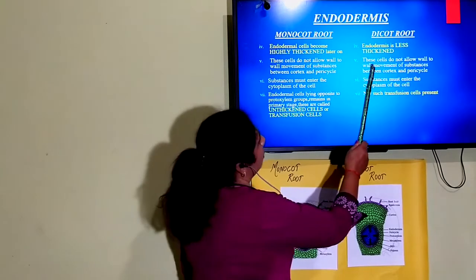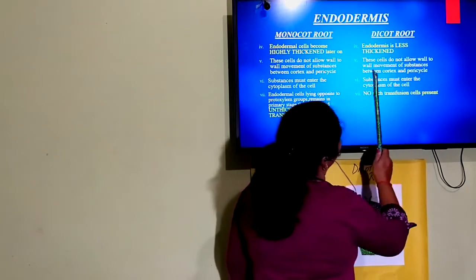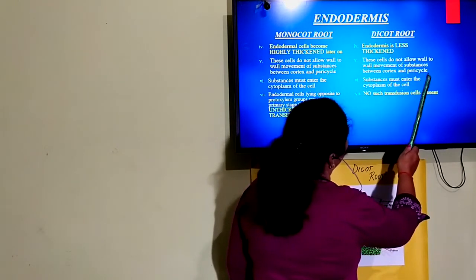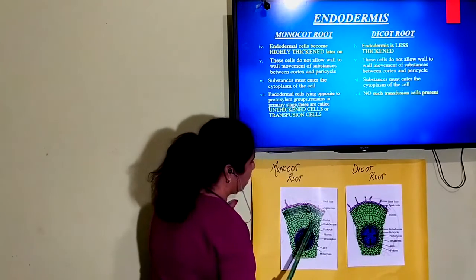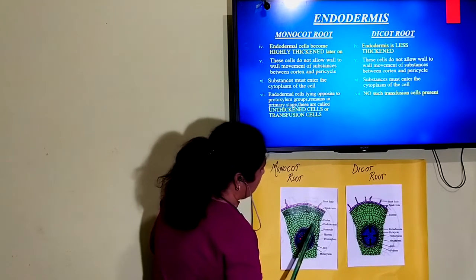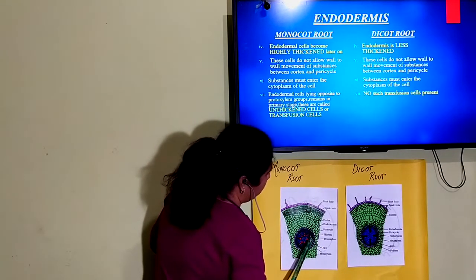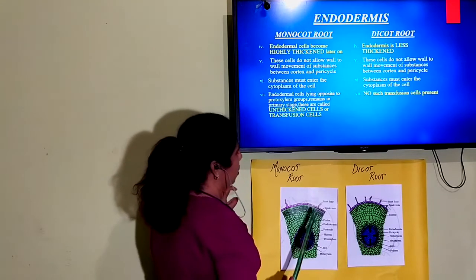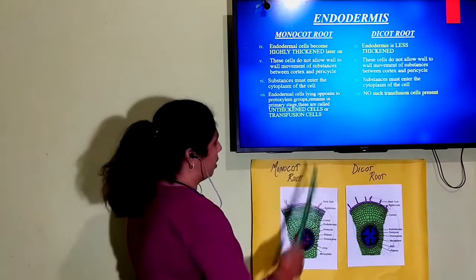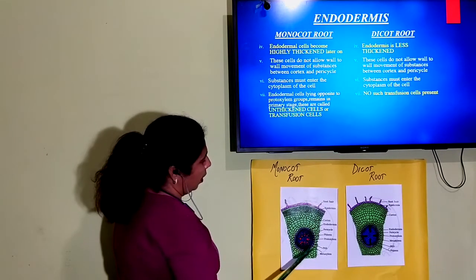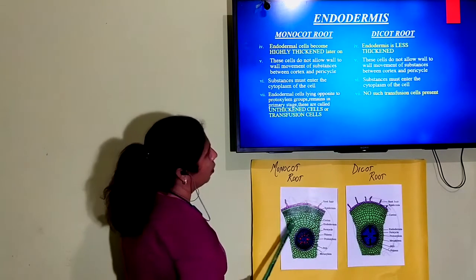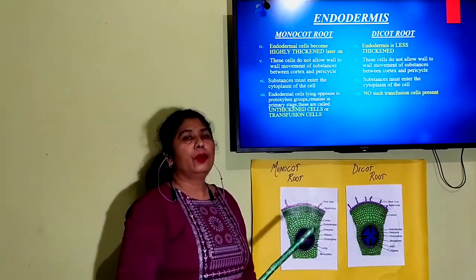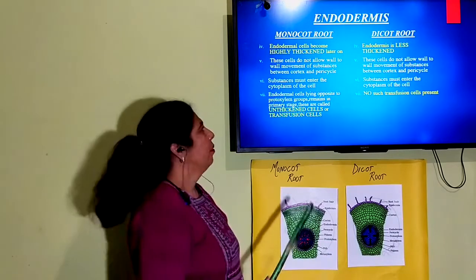Here is the cortex, here is the pericycle. Inside the endodermis is pericycle, outside the endodermis is cortex. So wall-to-wall movement of substances is stopped by the endodermis because these cells are thickened due to suberin and lignin.